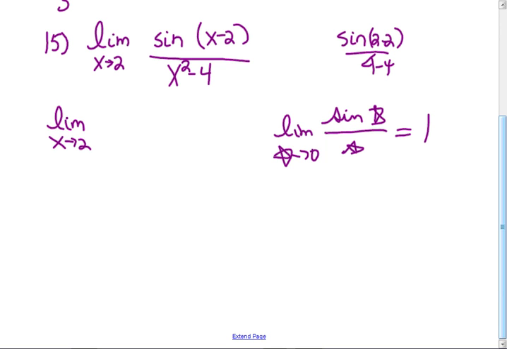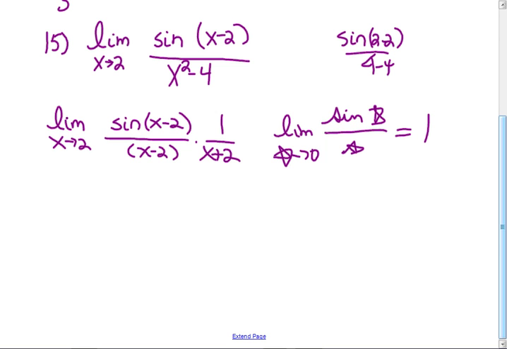Do you see that this divides into x squared minus 4 evenly? So it's the sine of x minus 2 over x minus 2 times 1 over x plus 2. I'm going to write it that way because it's a little easier to see. All this is a shift 2 units away. So this is 1, isn't it?